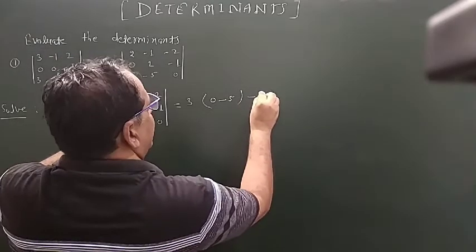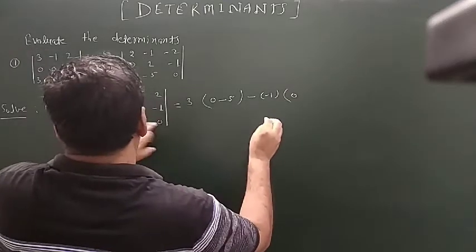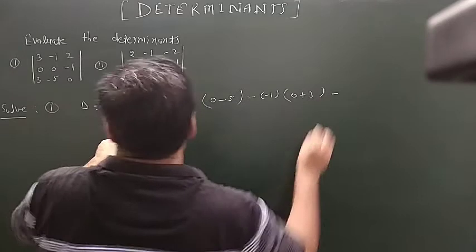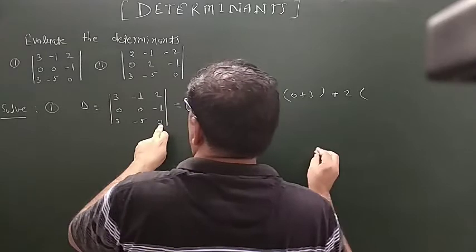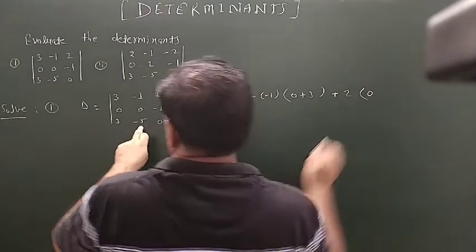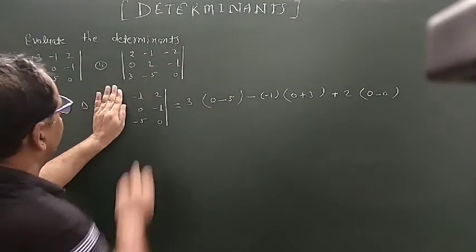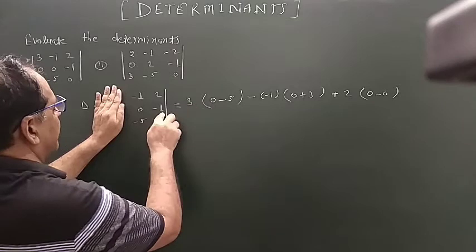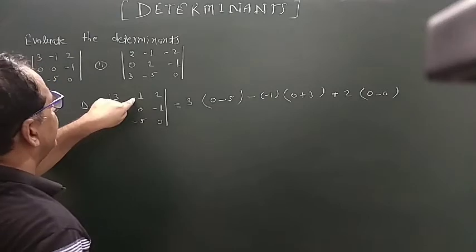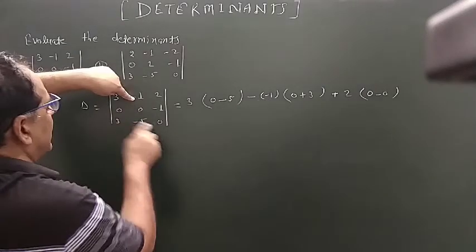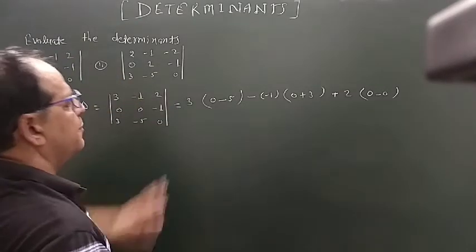Again minus is there, so minus 1 inside, 0 multiplied with 0, 0 plus 3 plus 2, open with this, 0 multiplied with minus 5, 0. Again, 0 multiplied with 3, 0, and minus 1 multiplied with 3, so it becomes plus 3 because of the minus sign between the two elements.